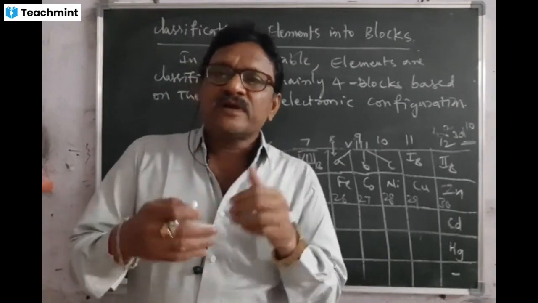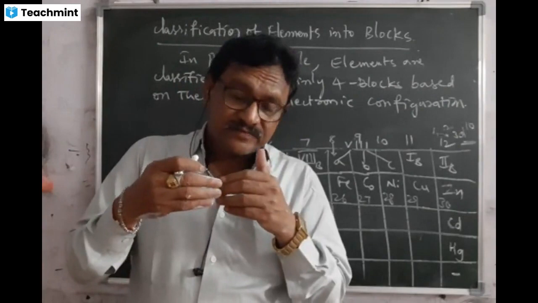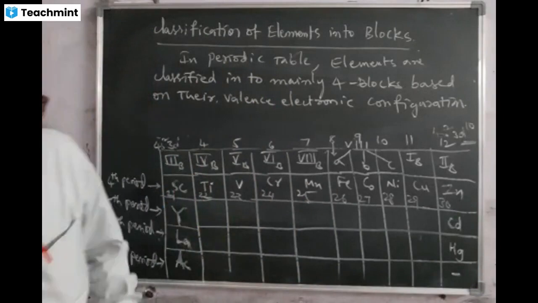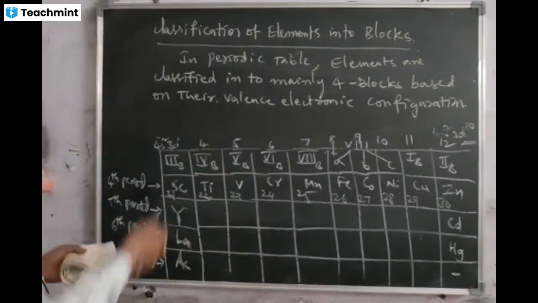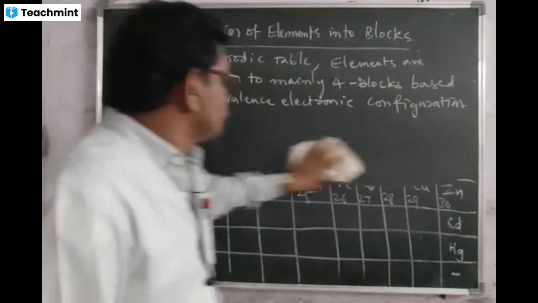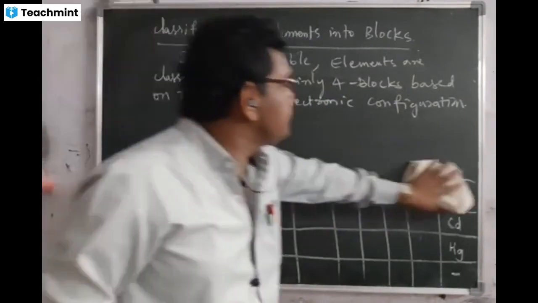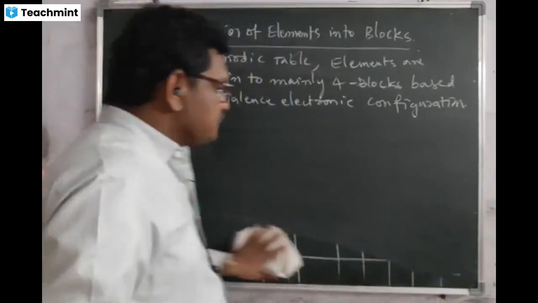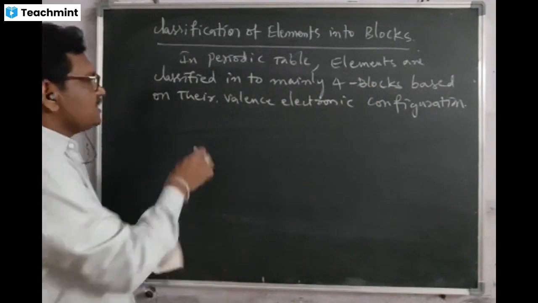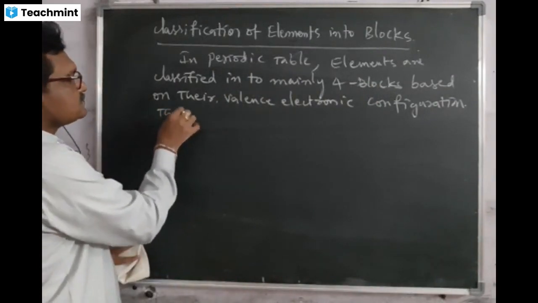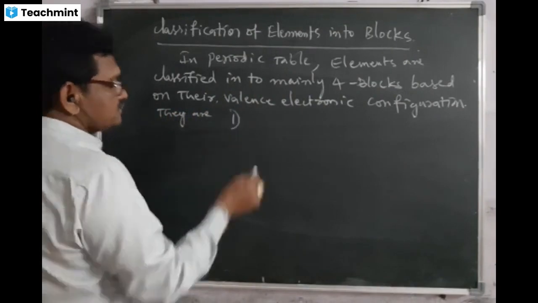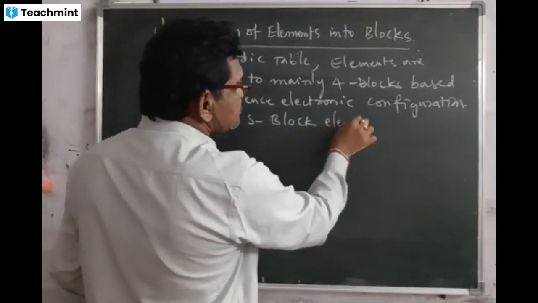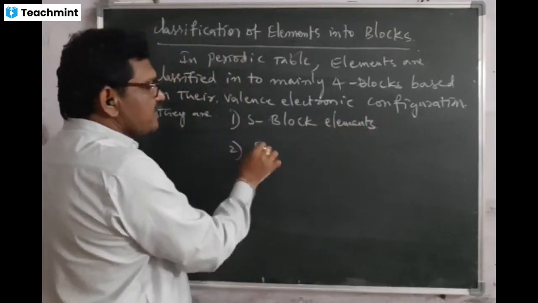While running this class, we have reminded you of these blocks wherever necessary, but here we are going to discuss them in detail. Write down this. In the periodic table, elements are classified into mainly four blocks based on their valence electronic configuration. Number one, S block elements. Number two, P block elements.